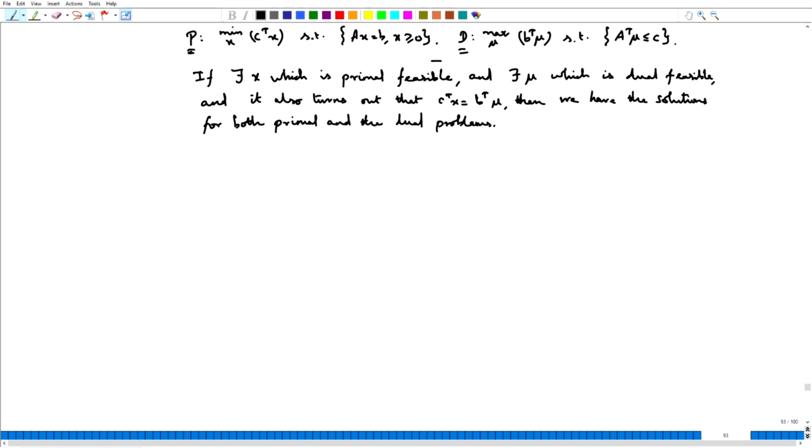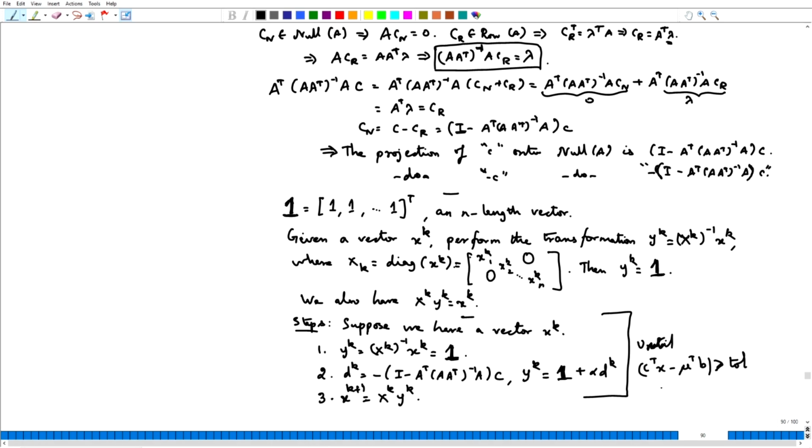This is how we choose the stopping criterion. If you recall the steps in the affine scaling method, we start with an initial point, we do a centering, and then for the centered vector, we move along the direction of the steepest descent.